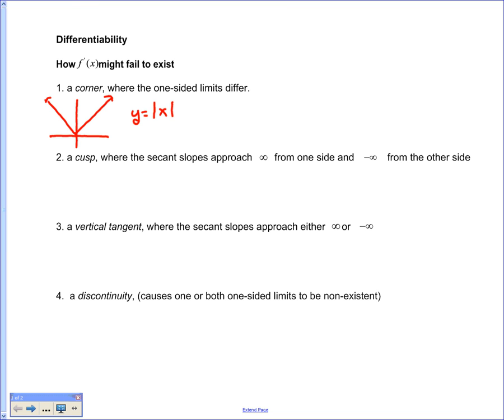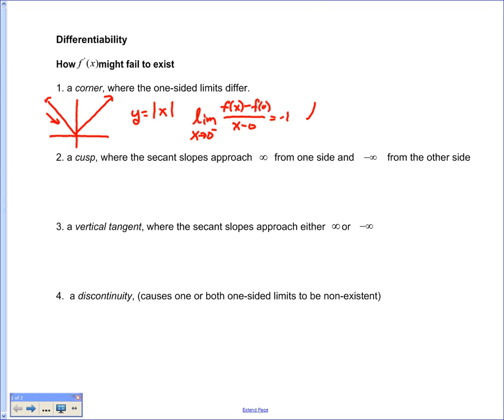And what happens is the limit as x approaches 0 from the left of our difference quotient is -1, because as we come in from the left, the slopes of our tangents are -1.